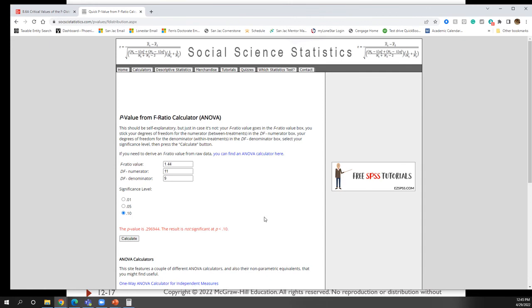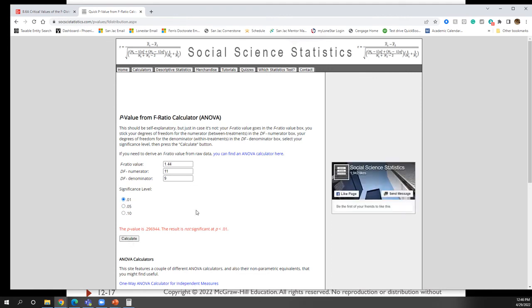Our p-value is 0.2969. Okay. If we look at that, yeah, so every calculation, no matter what, the p-value is 0.29694.